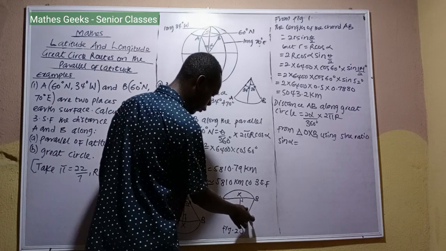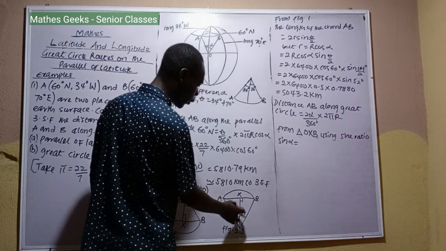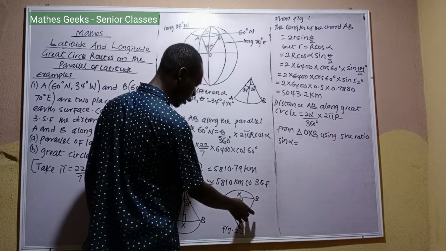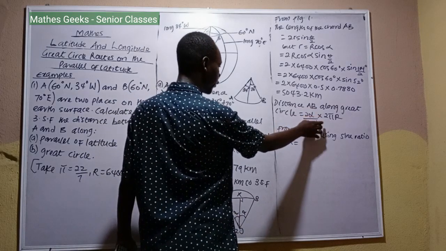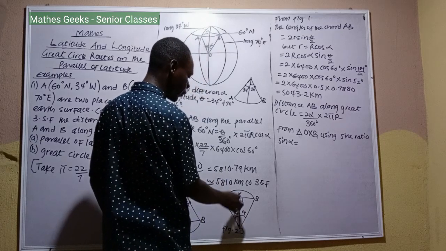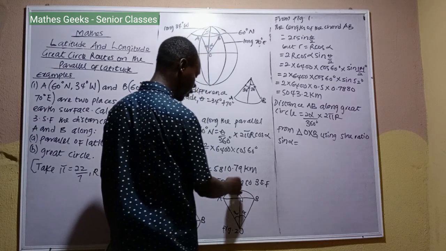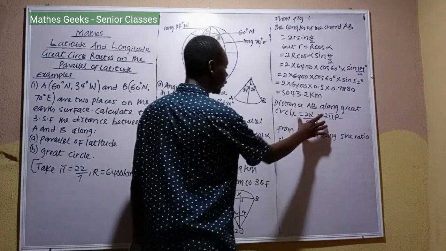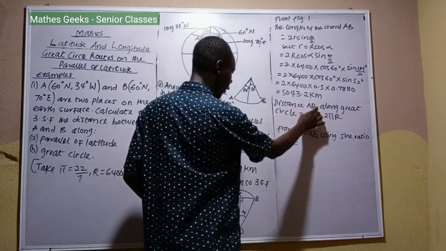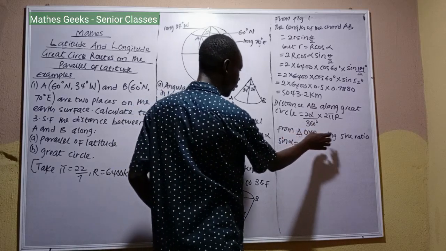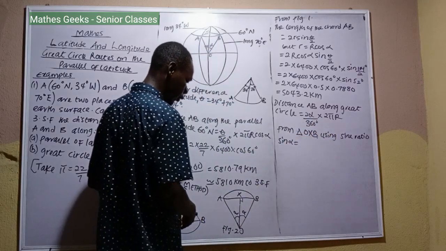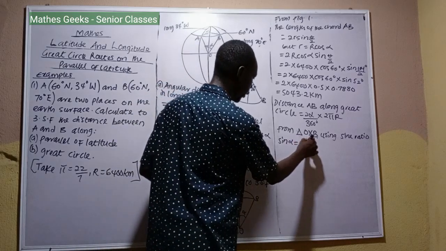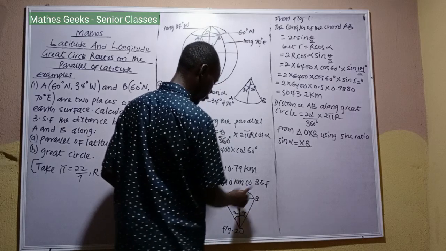OAB is the total angle from this line to this line, which gives us 2 alpha. That's the angular difference in latitude. Alpha will give us 2 alpha here over 360 degrees, which is the total angle here, and then this arc. So we are considering this arc, the length of arc, the distance between A and B, which is the great circle distance. But to get alpha is why we are using triangle OXB, using sine ratio. Sine alpha is equal to opposite. Now opposite is XB over hypotenuse.